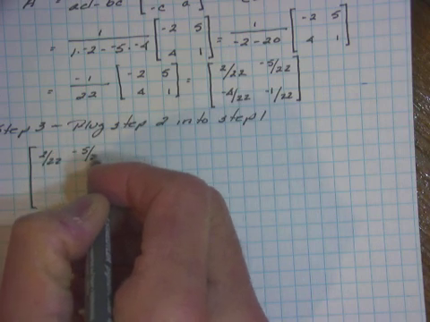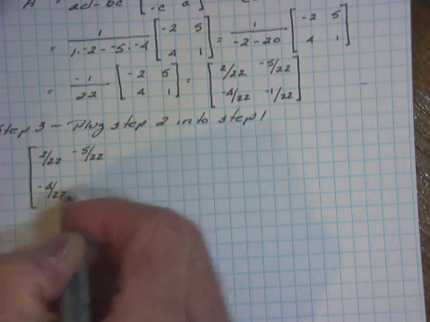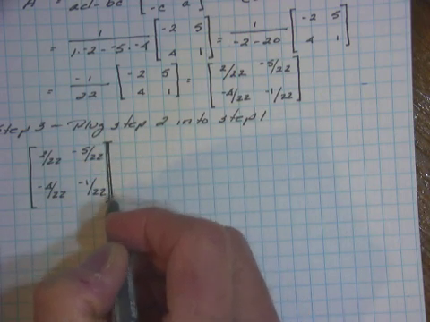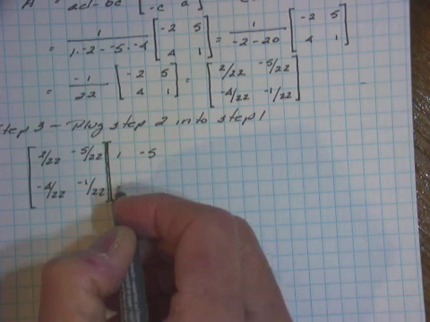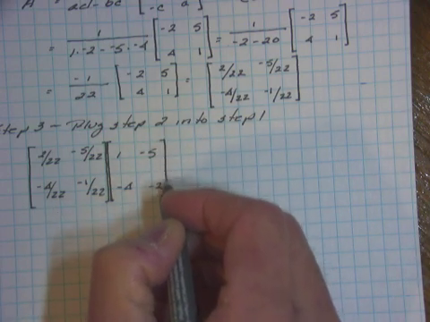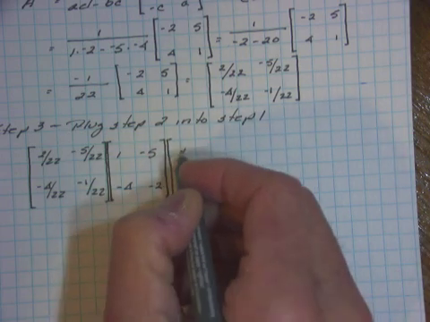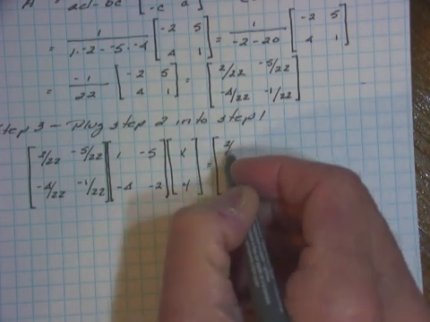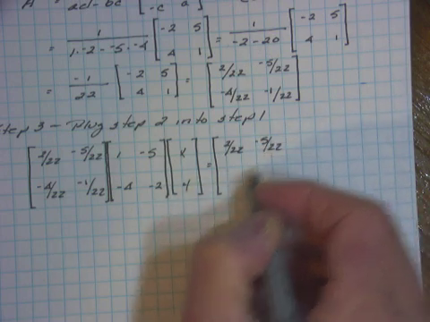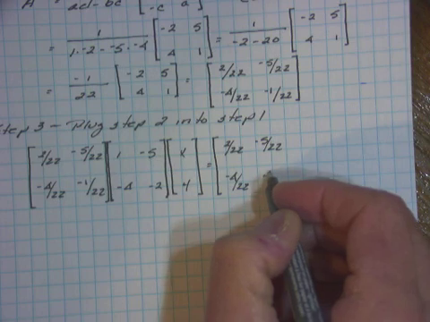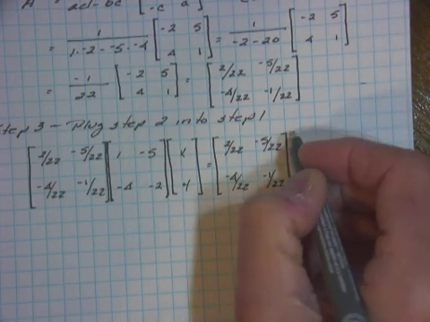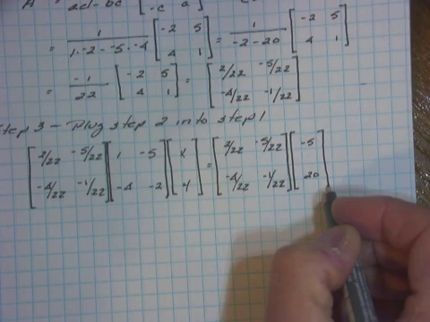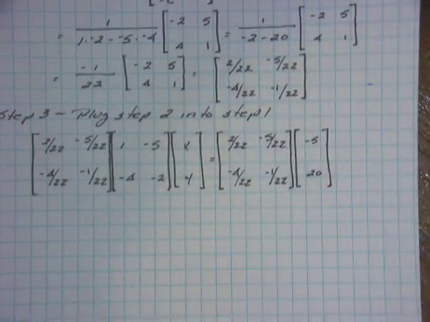So now we've got 2 over 22, negative 5 over 22, negative 4 over 22, negative 1 over 22, times the coefficient matrix, which is 1, negative 5, negative 4, negative 2, times the variable matrix, x y, equals the inverse matrix again, 2 over 22, negative 5 over 22, negative 4 over 22, and negative 1 over 22, times the solution matrix, which was negative 5 and 20.